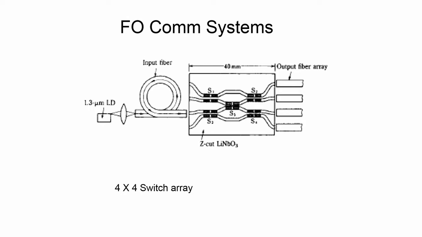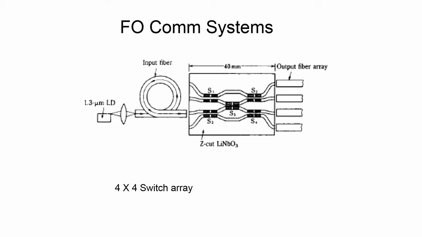This is an example of a system where you have, let us say, 4 users. The signal from one user has to be communicated to another user. So, we have 4 input ports and 4 output ports, and the signal has to be routed or switched from any of the input ports to any of the output ports.